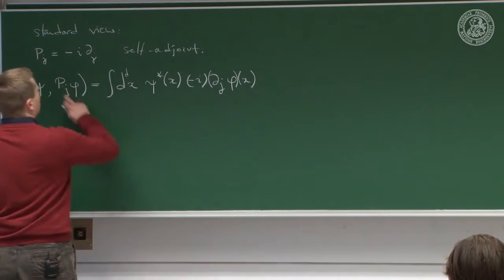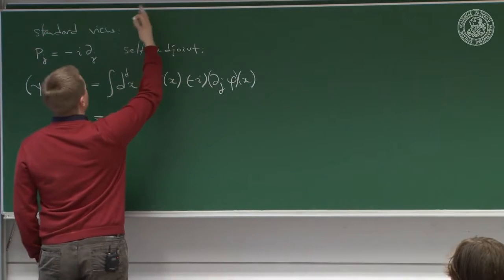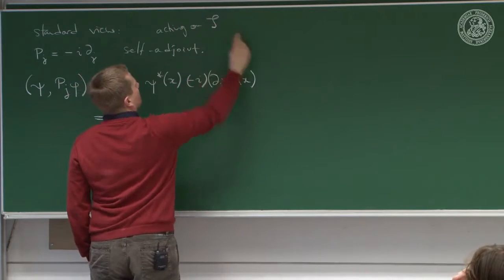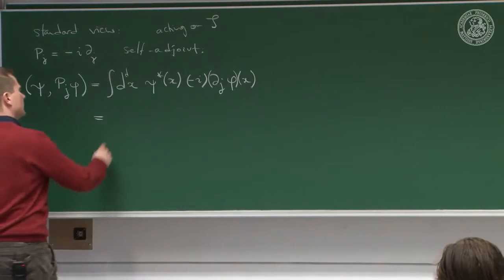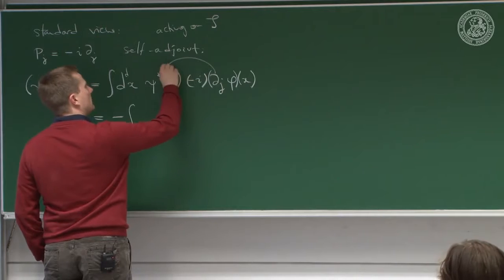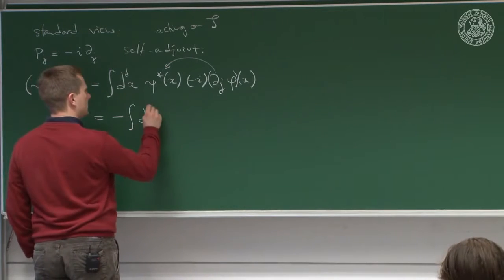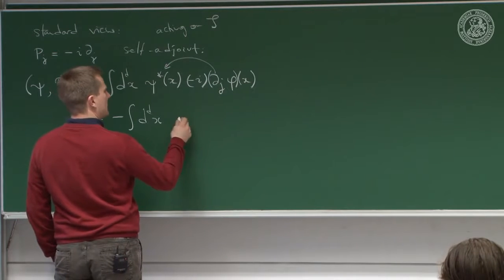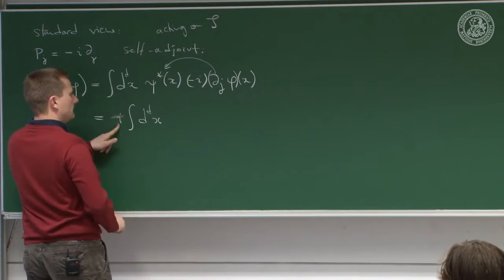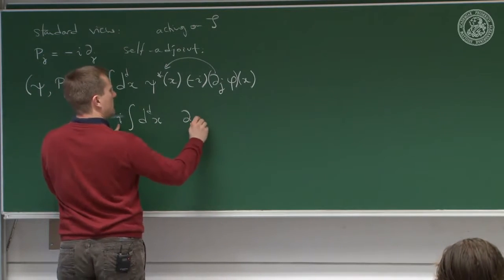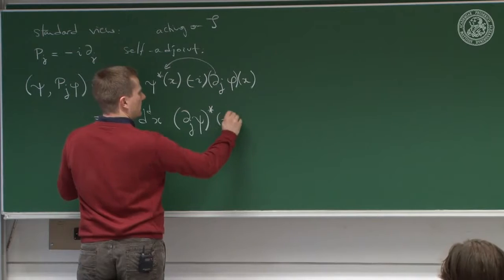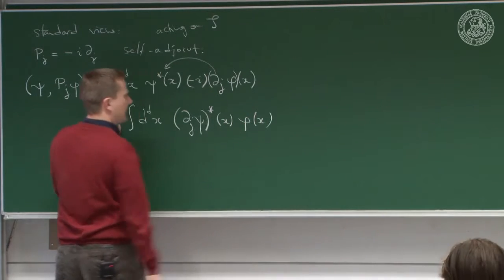I act on these test functions that sufficiently quickly decay. We now do an integration by parts. We shift this over to all the other factors, but there is just one in this case. There is a minus from the integration by parts, there's a minus i anyway, so there is an i. Then there's a del_j psi, which is starred, evaluated at x, and there remains a phi of x.